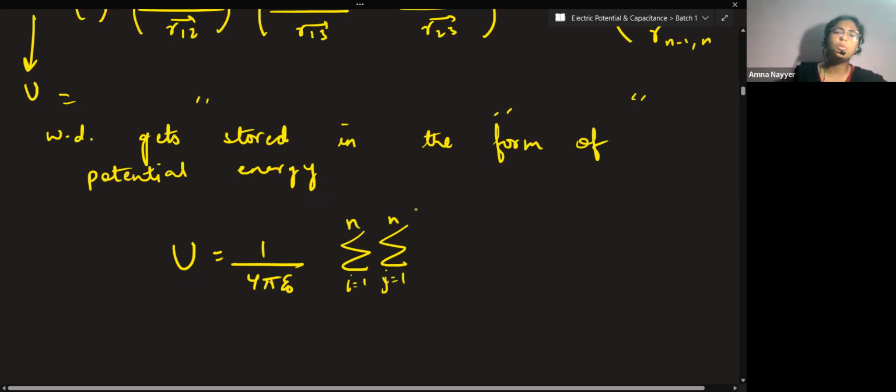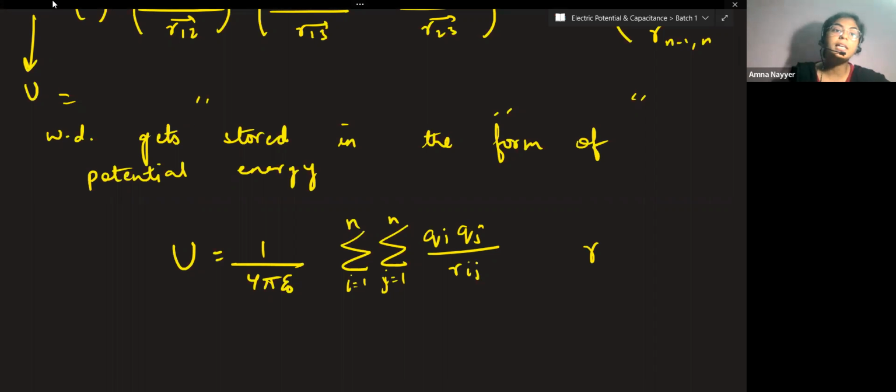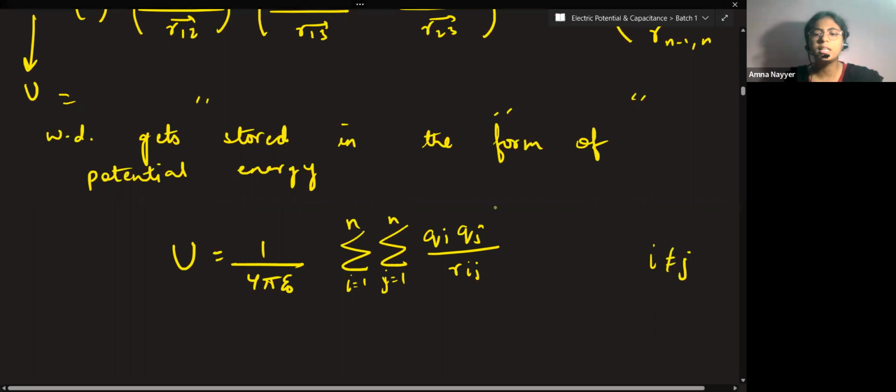It's just a method to write it: Qi Qj divided by Rij. The condition is that i and j should not be equal, because then that will be the square of it. This is just a method to write it.